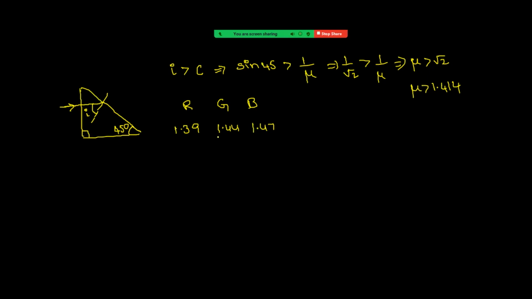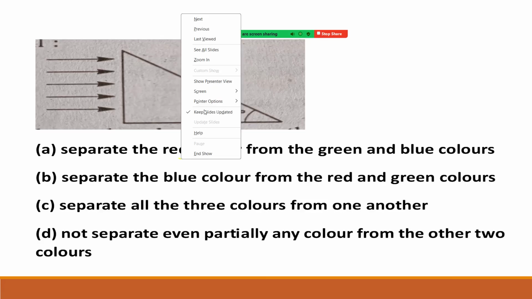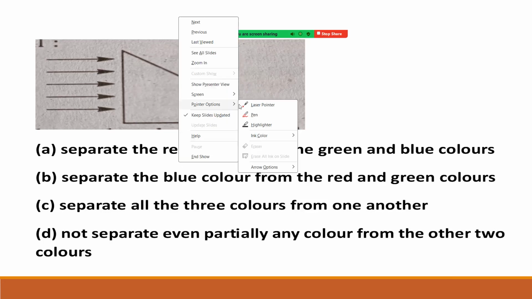You can see here green 1.44, blue 1.47. For these two, the mu value is greater than 1.414. That means these two undergo total internal reflection, so they will come like this. And red is undergoing refraction. That means we can say the prism separates the red color from green and blue, because these two undergo only reflection. So the correct option is A. See next problem.